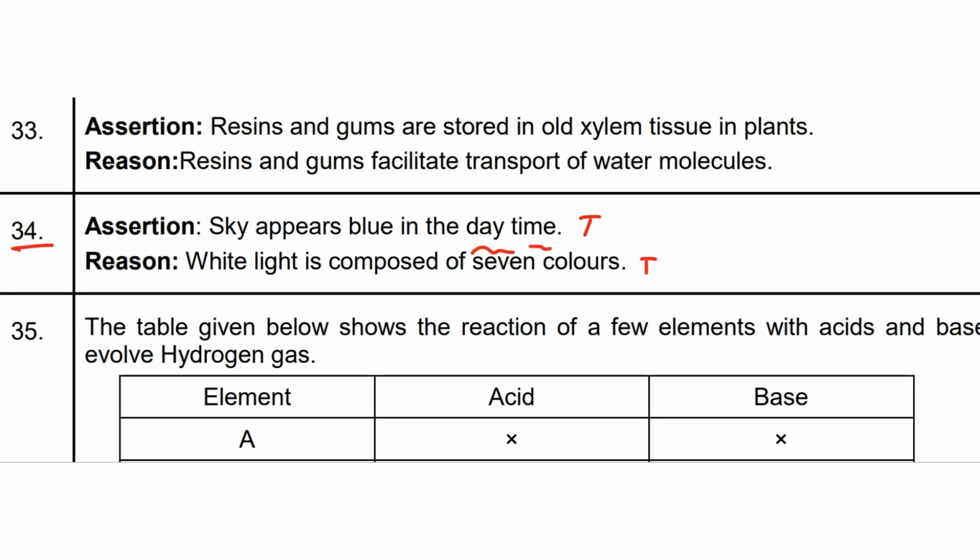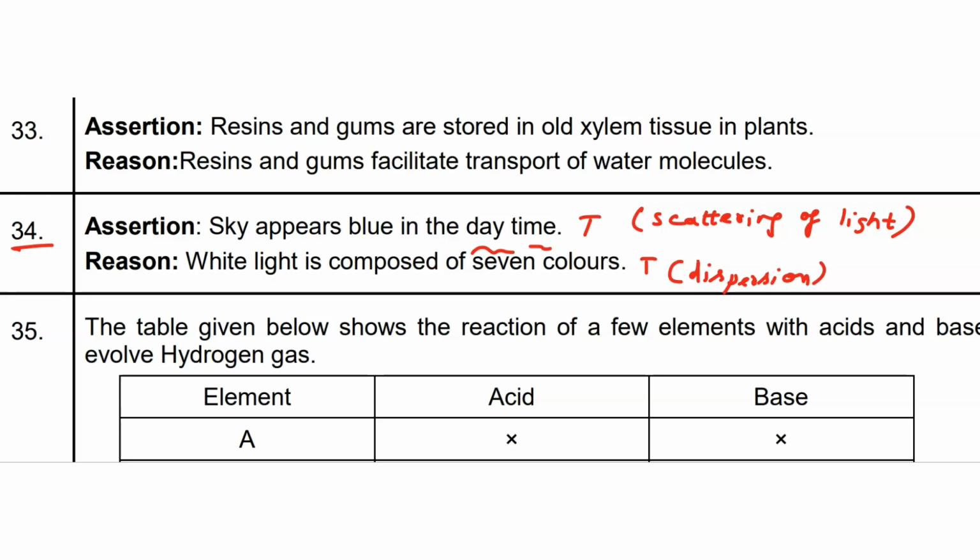Now let us see whether this reason is the correct explanation of A. Here the sky appears blue in daytime because of the scattering of light, right? Whereas white light composed of 7 colors is nothing but the dispersion.